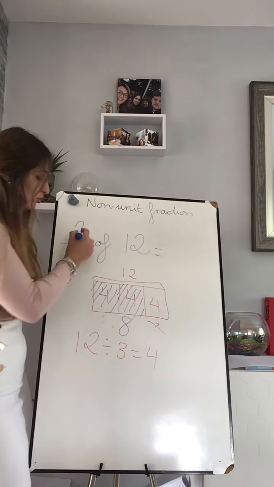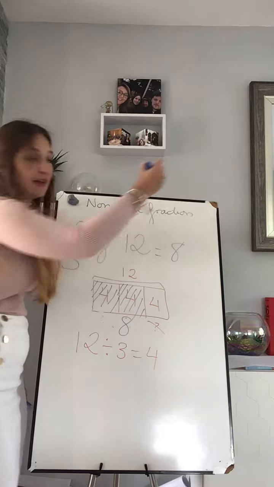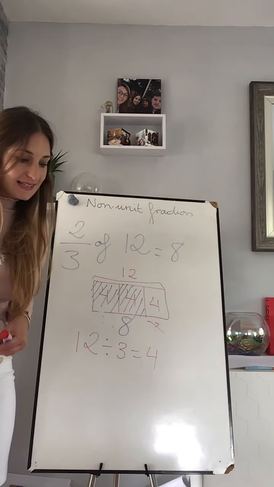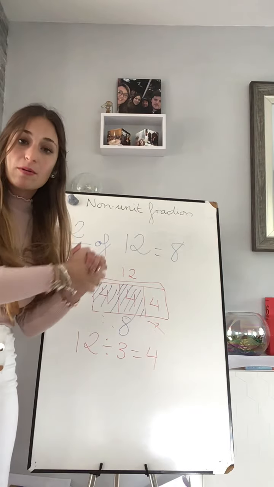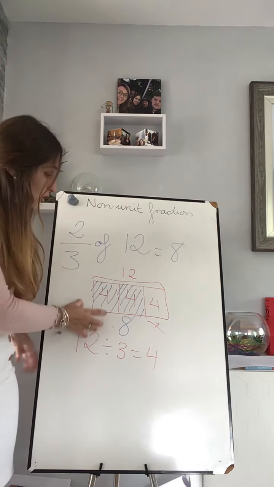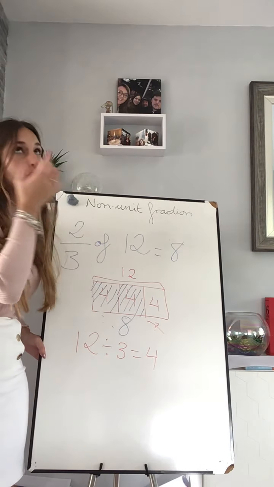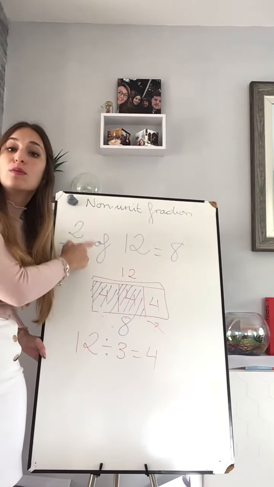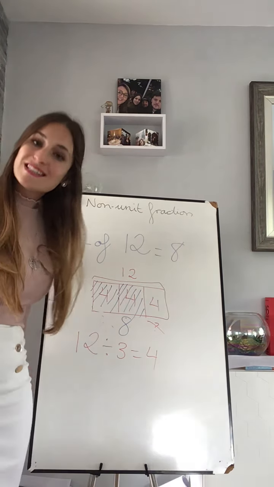So I know that 2/3 of 12 is 8. Easy, easy, easy. Right, so that's your work today. Go and have fun. Have a go at it. Quite easy. Just draw it and then think about what you need to do. It's a non-unit fraction, so you need to take more than one and see what you get. Okay? Adios.